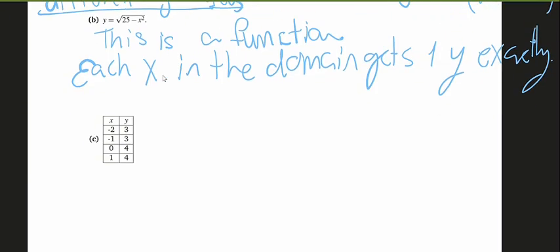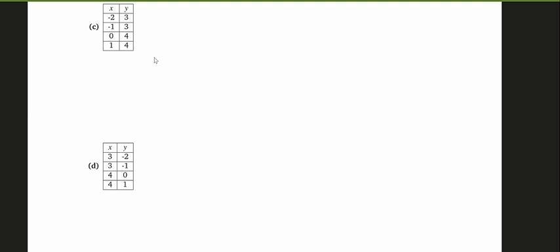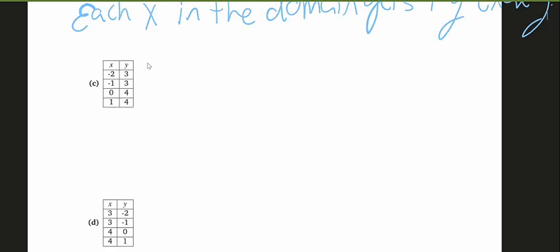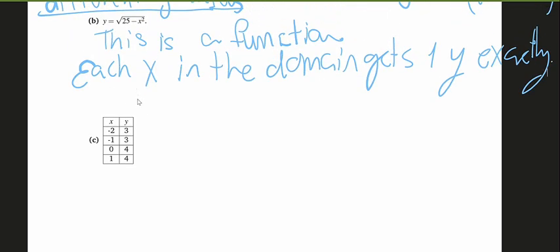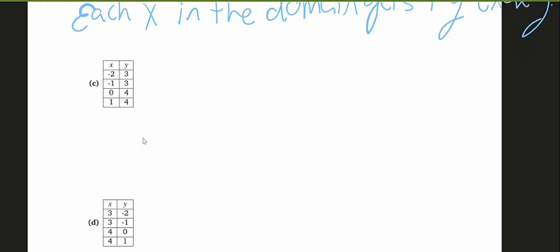Good. Let's take a look at this next one. This is given to us in the form of a table. It seems like for x equals negative 2 we get 3 as the output. For the input of negative 1 we get 3. For input 0 we get 4, and for input 1 we get 4. This is indeed a function. Inspecting it visually will reveal that for every possible input, we only have one possible output.